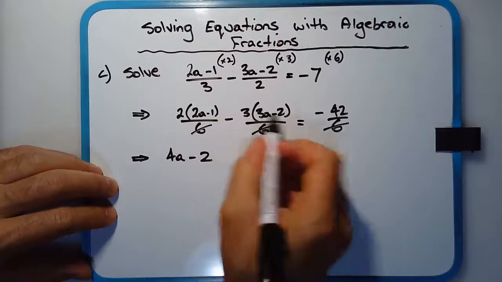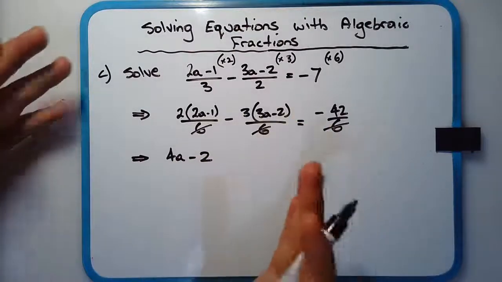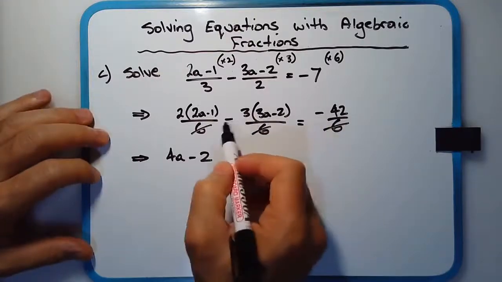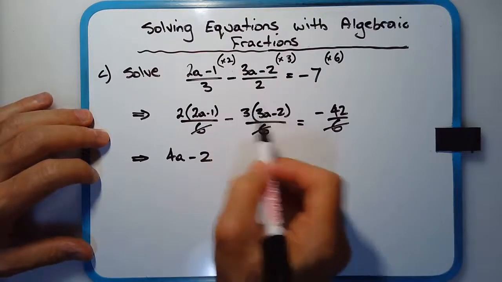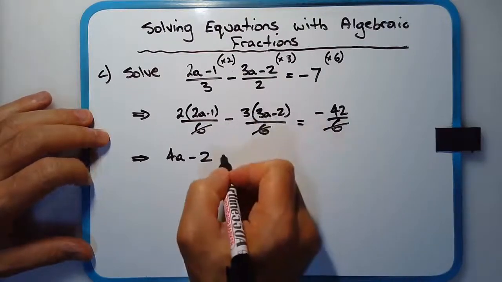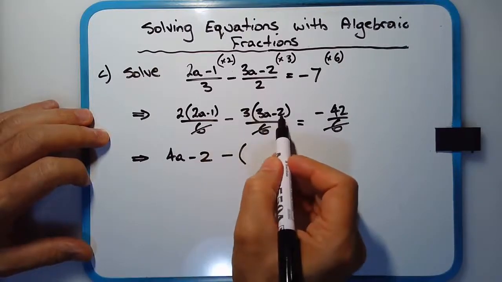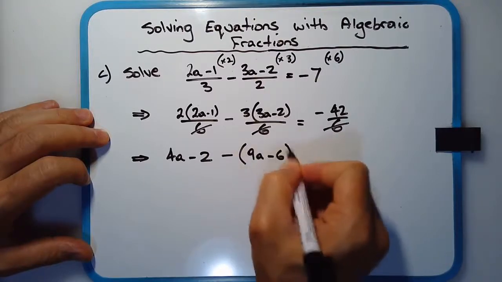Now this is where it gets quite interesting. With fractions, and this is one of the differences between fractions and division, even though they're practically identical, this minus here is subtracting the entire numerator. So I'm going to put a minus and then open bracket. 3 outside of (3a minus 2), that's going to be 9a minus 6.